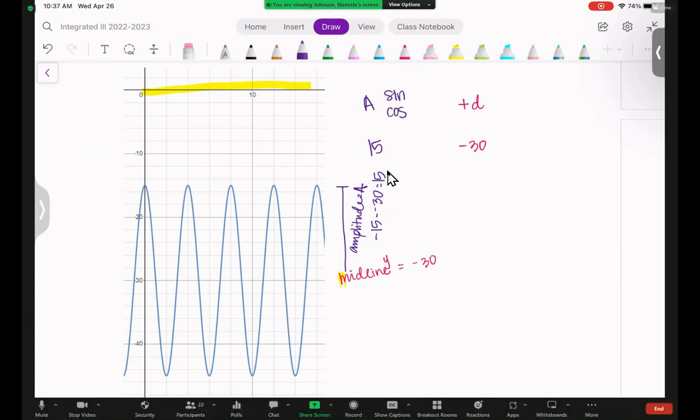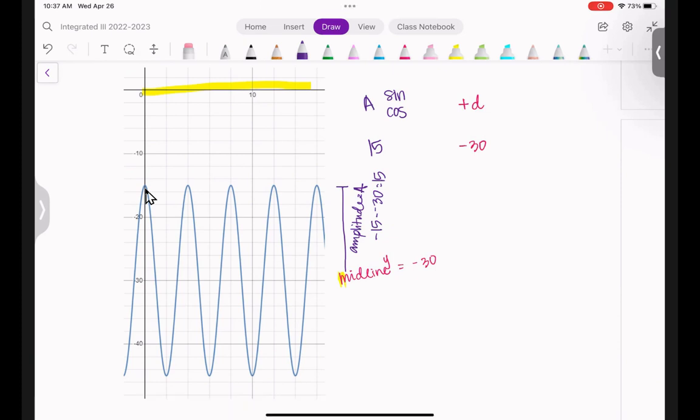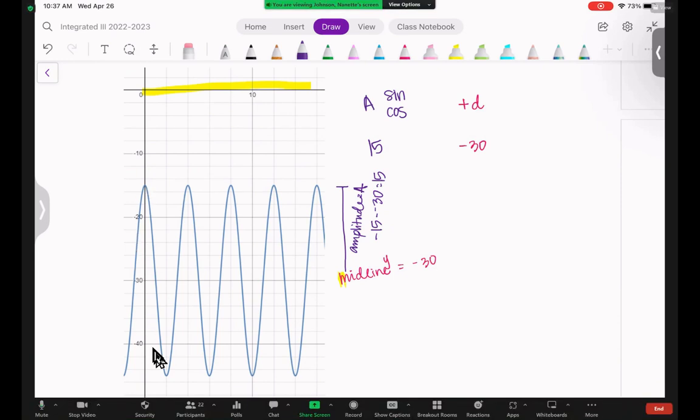Okay. I'm going to pause on explaining sine and cosine right now because I want to get to our last one. If you remember Carlos, how long did it take him to go in a complete cycle? That's what we're going to calculate next. How long does it take to complete a complete cycle?